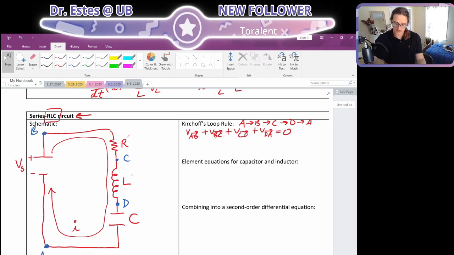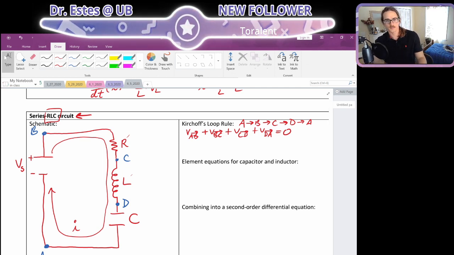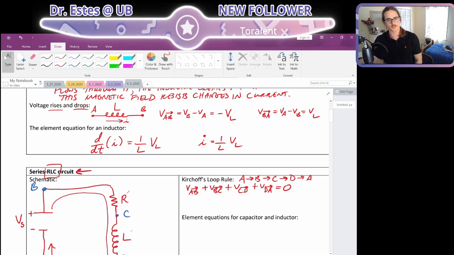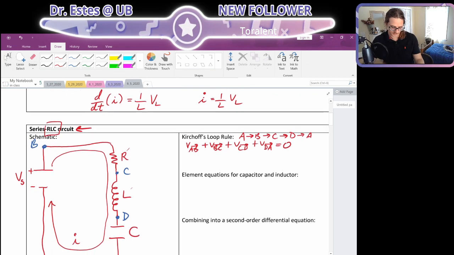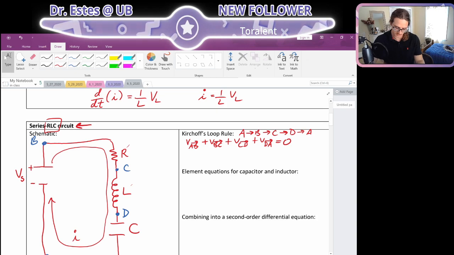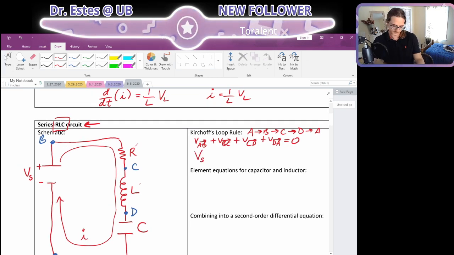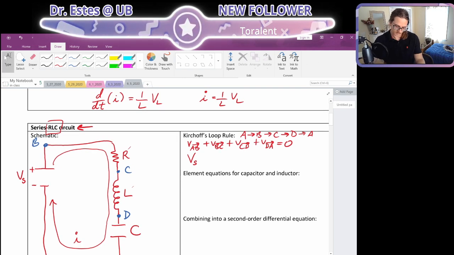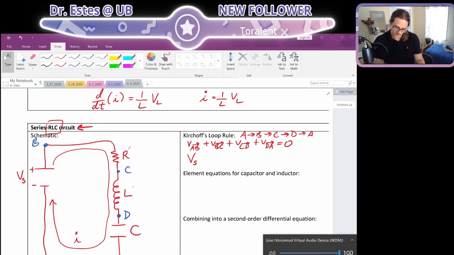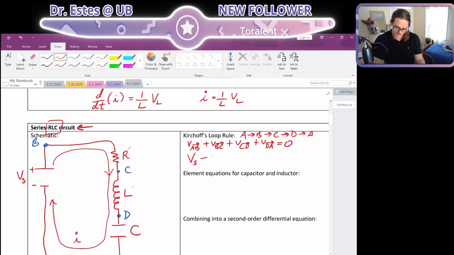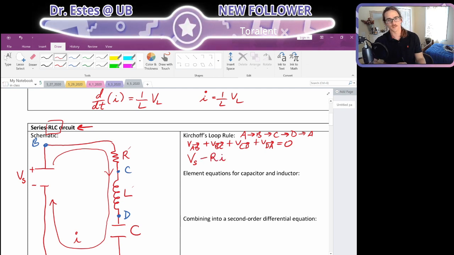The next thing is we fill in that next level of detail based on our voltage rise and drop definitions. I'm going from the minus to the positive terminal of the source voltage, so I get a voltage rise. I'm going to go across the resistor in the same direction as the current, so that's defined as this.